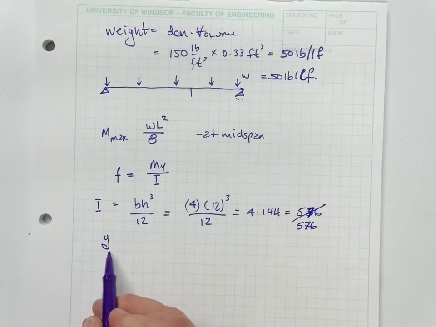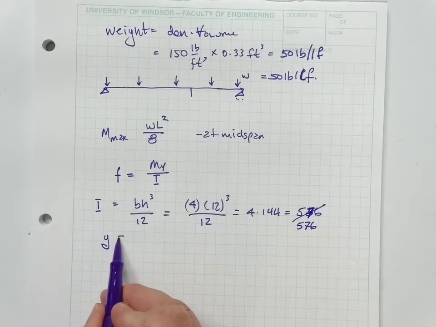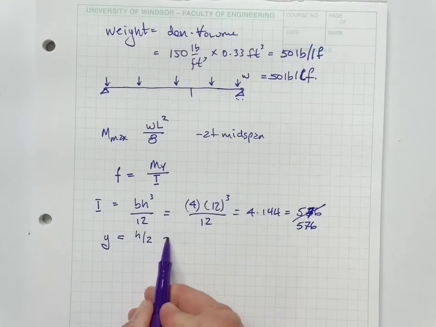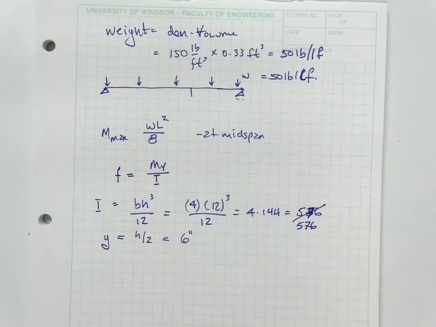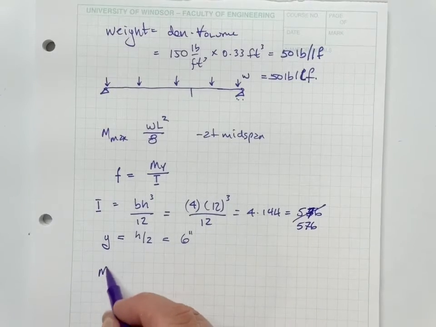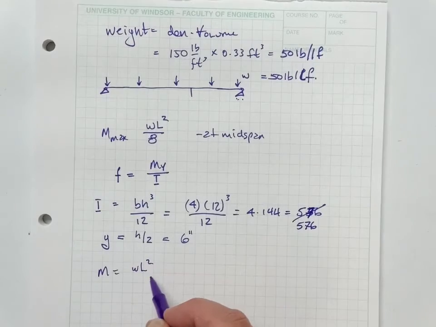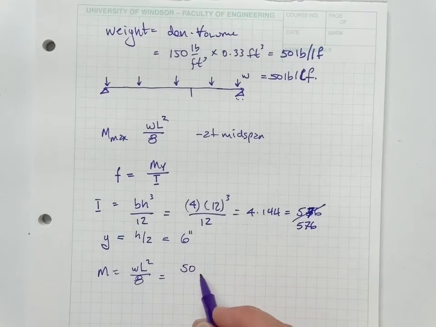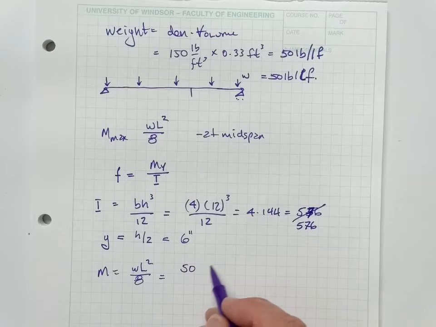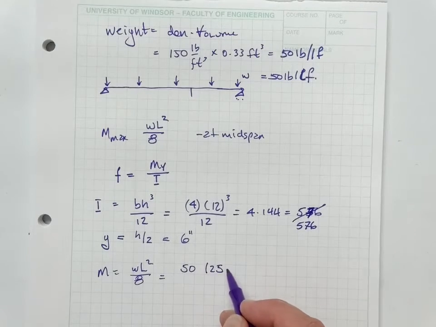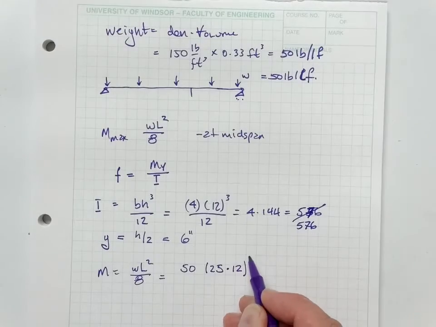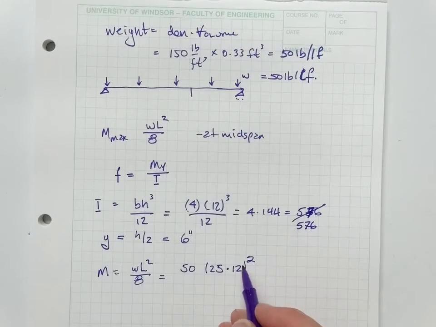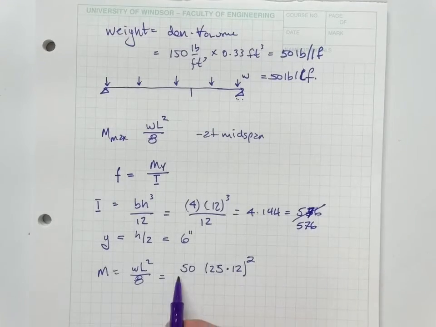The extreme fiber stress at the bottom, Y, is equal to H over 2, which is equal to 6 inches. My moment, WL squared over 8. W is 50 pounds per linear foot. L is 25 feet, so it's equal to 25 times 12, which is 300 inches, squared, divided by 8.